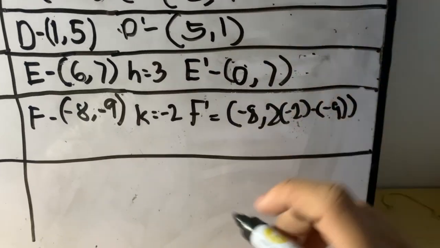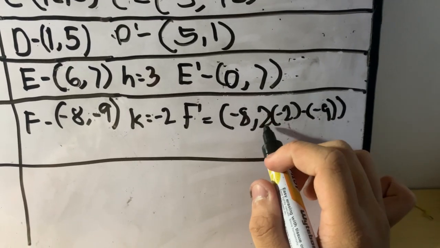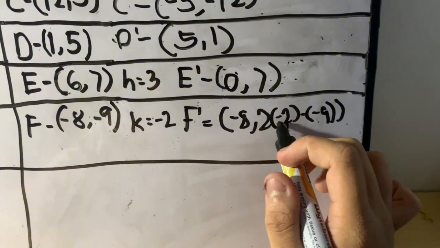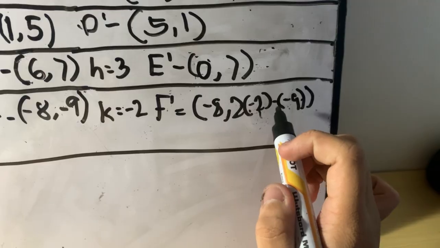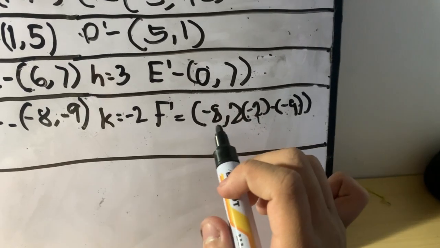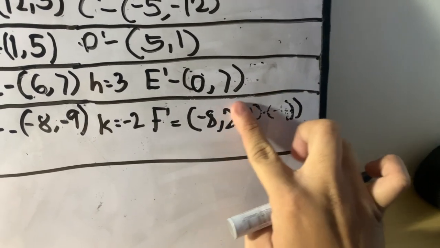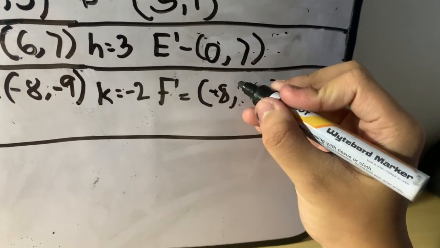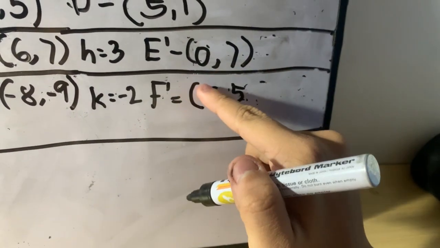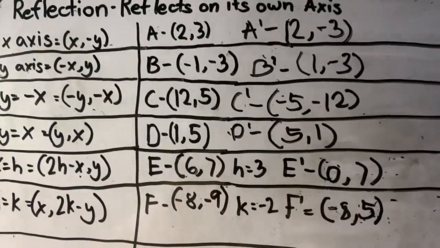It's long, so maging negative 8. So negative 4, diba? Kasi 2 times 2, 4 times negative, edi negative 4 plus 9, so negative 4 plus 9, that would be 5. Ayan, tapos na tayo sa reflection.